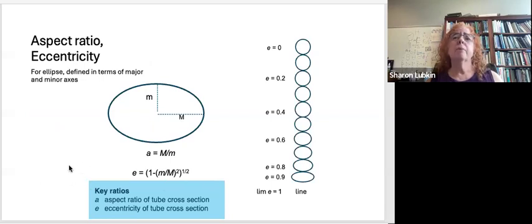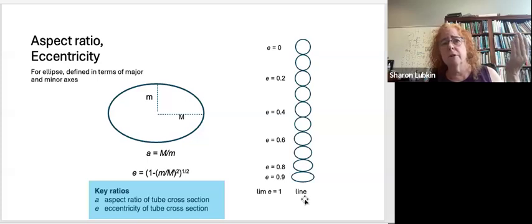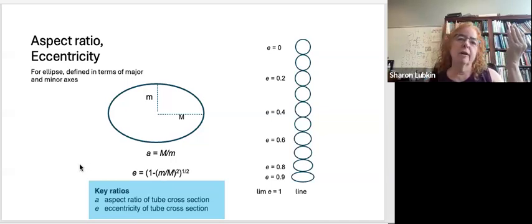I just wanted to get it up here that we are looking at flattened notochords in terms of both aspect ratio and eccentricity. They're both measuring the same thing. It's just that one is scaled to 0 and one is scaled to 1. They are nonlinearly related to each other, but we're going to be discussing aspect ratio or eccentricity interchangeably.